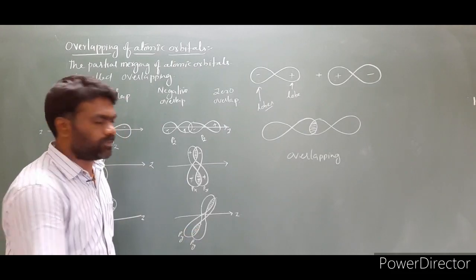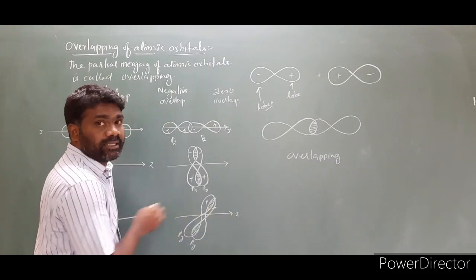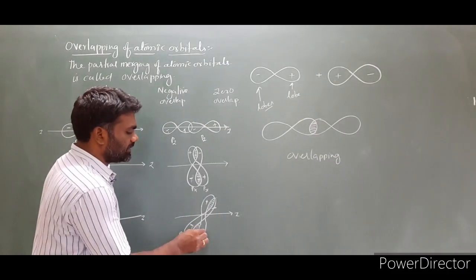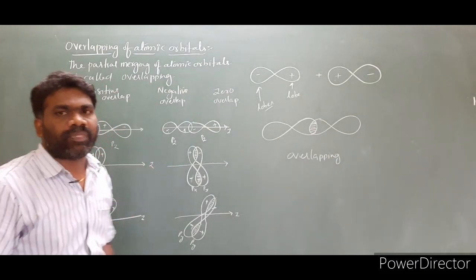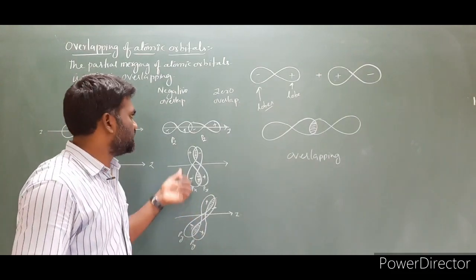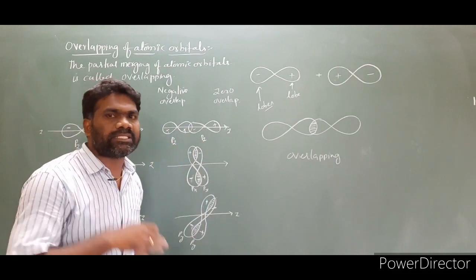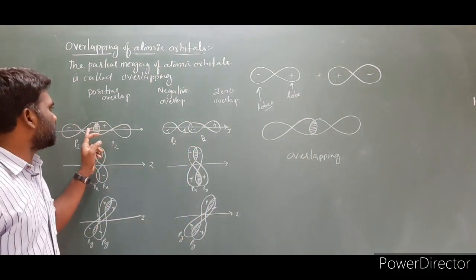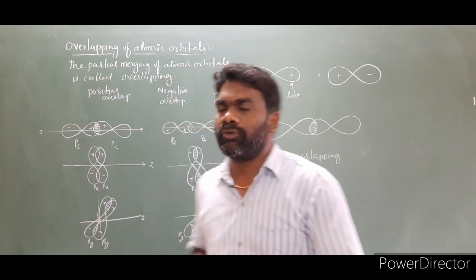This is positive, then this we can take as negative. So this is the negative and this is the positive. This is a negative overlapping. So what is the point to understand from the negative overlapping? Negative overlap in the sense one positive lobe and one negative lobe overlapped, that is called a negative overlapping. Both positive lobes overlapped or both negative lobes overlapped, we call a positive overlapping.